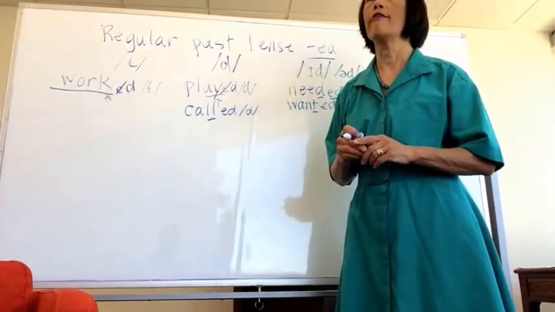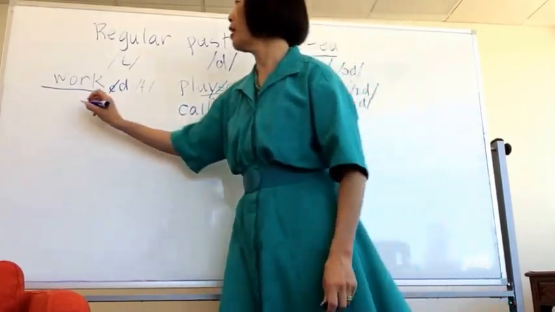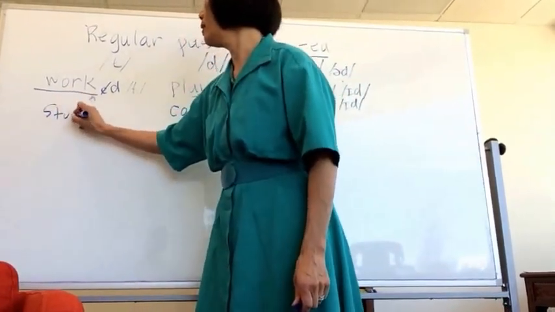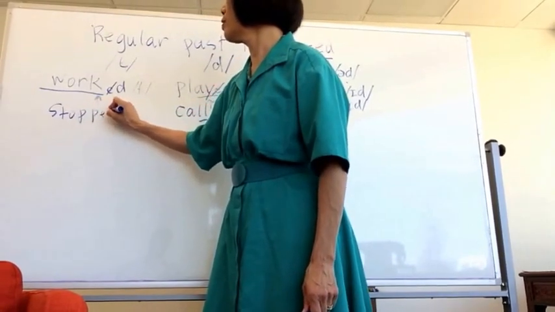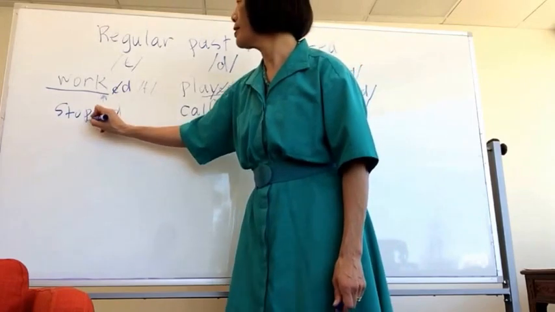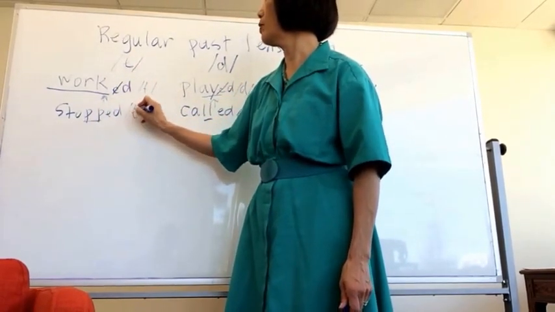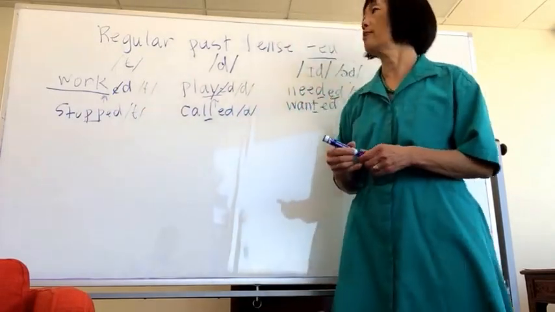If I say stop, stopped. Then we have stopped because we have p at the end. And notice, of course, in spelling, we put a double P before the ED. But the sound is a voiceless sound, so we end with stopped.